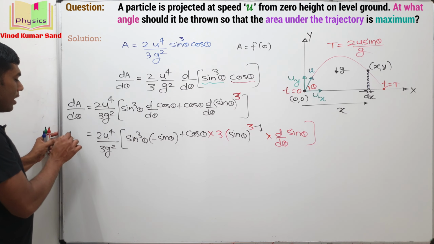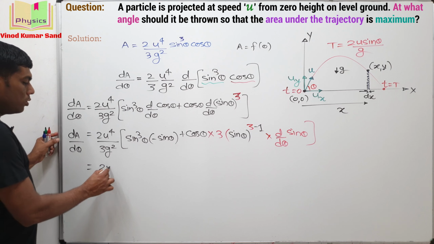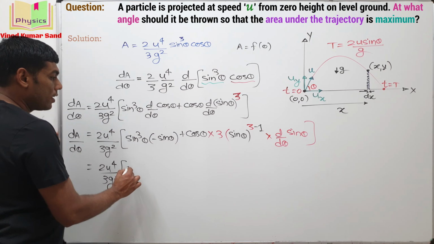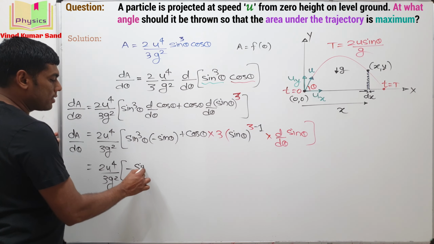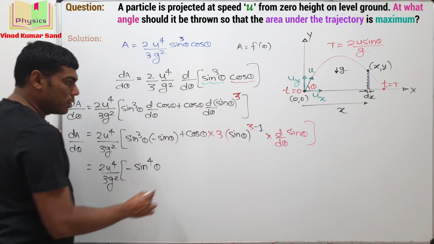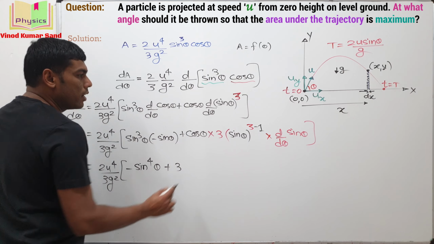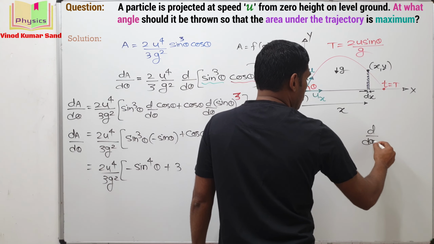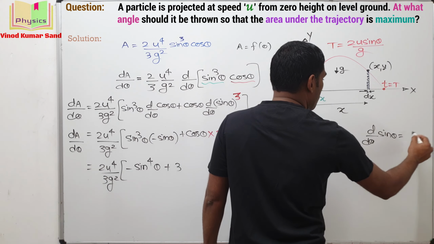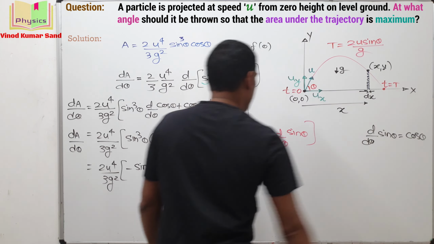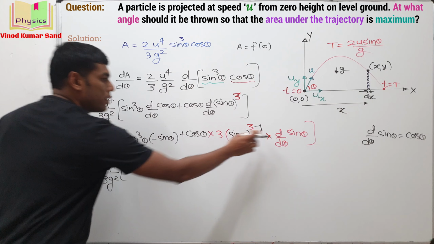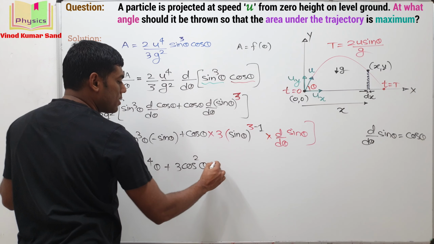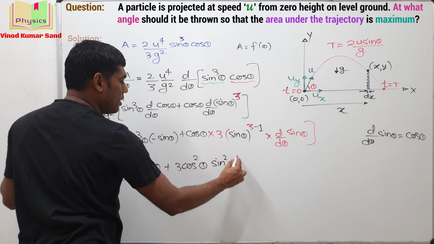So now the things are simple. 2u4 by 3g square. We are left here with minus sine to power 4 theta plus 3. The differentiation of sine theta, we remember, is equal to cos theta. So 3 cos square theta and sine square theta.